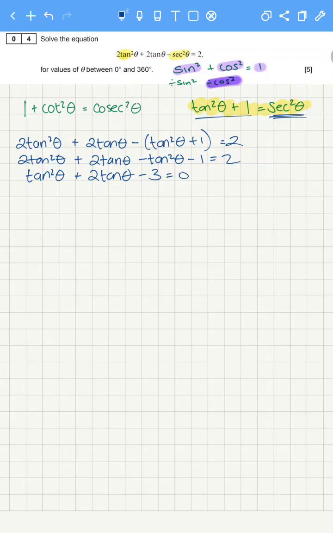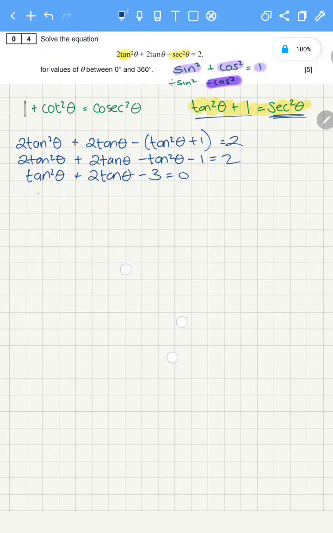Nope, that's good. Okay, so next, normally you could use your calculator to factorize this. I'm just going to factorize it like any other quadratic, like x squared plus 2x minus 3 equals 0. You could factorize that into brackets with 3 and 1, plus and minus. So instead of x's, I'm just going to write tans.